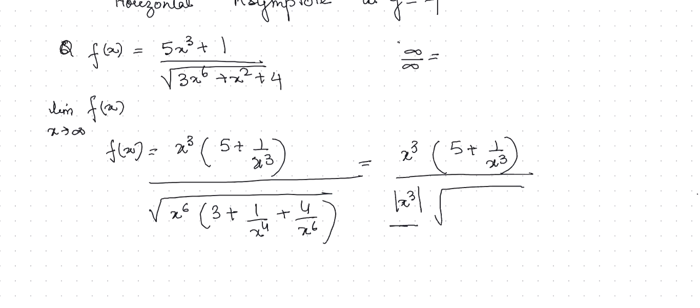So this gives 3 plus 1 over x raised to power 4, plus 4 over x raised to power 6.